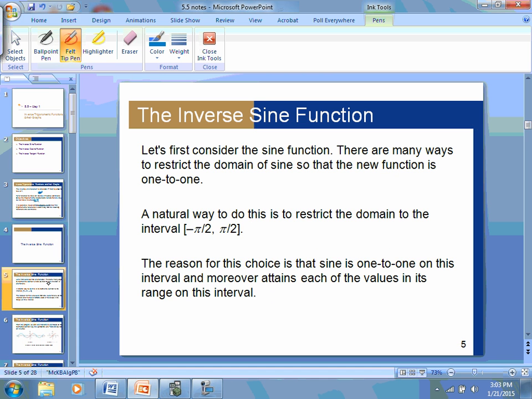But the easiest, most natural way, as the slide says, is to restrict the domain from negative pi over 2 to pi over 2. The reason we want to do that is because that will make the sine function 1 to 1, and we get each of the values in the range on this interval.